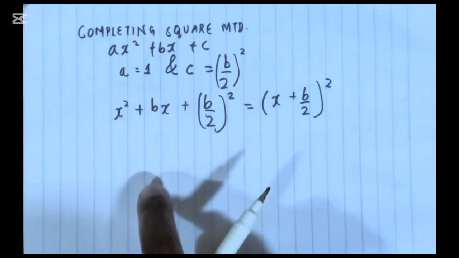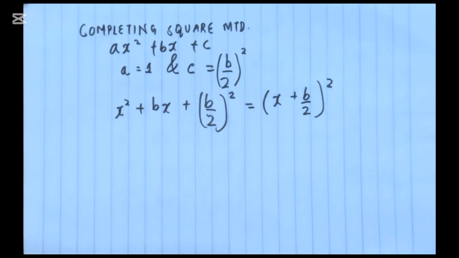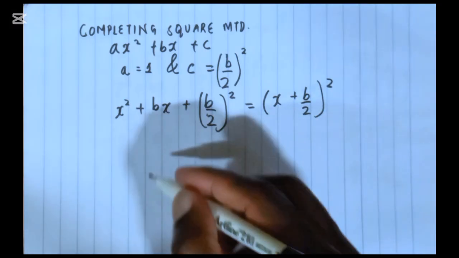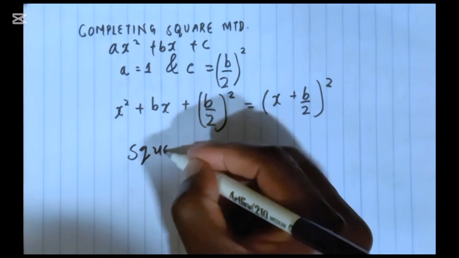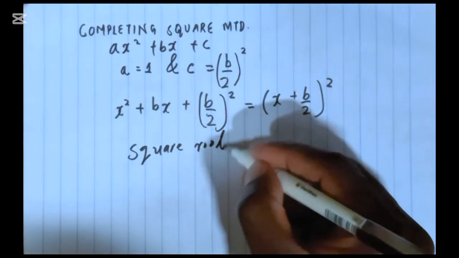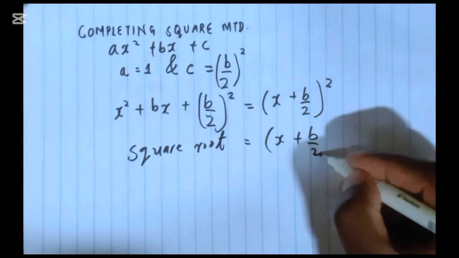So basically, this expression on the left hand side can be factorized, and this is what we'd end up having. With this, it's easy to then get the square root, because the square root will always be, in this case, x plus b all over 2.